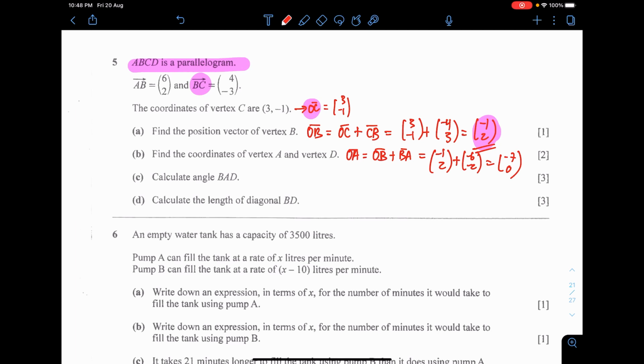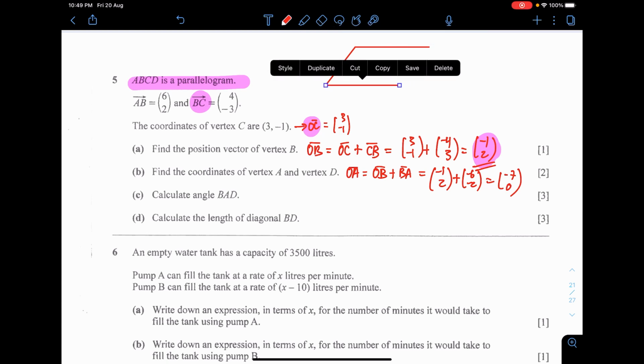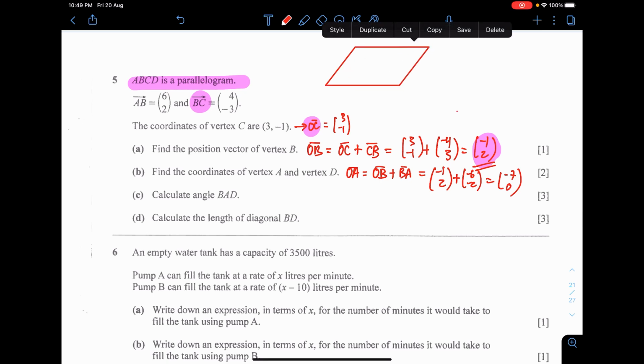Now, to find point D, I think we need to draw it. By drawing it, it will be very clear what they are actually hiding. A, B, C, D. I have the coordinates of A, B, and C. So how do I get D?